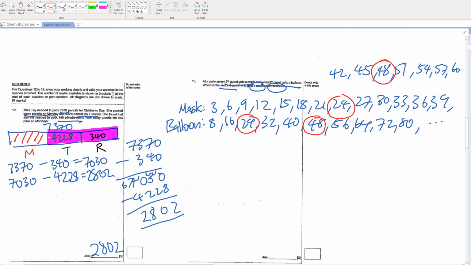Okay, so the second person who will get both the mask and the balloon is the 48th person entering the party.